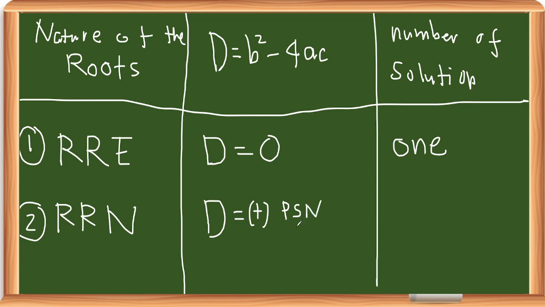I just shortened it: PSN means perfect square number. How many solutions? Of course, we have 2. They are just not equal. This one has one solution because it is equal, just one. So this, not equal, has 2 solutions.